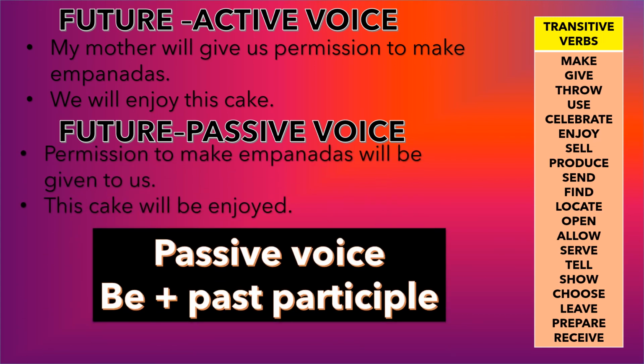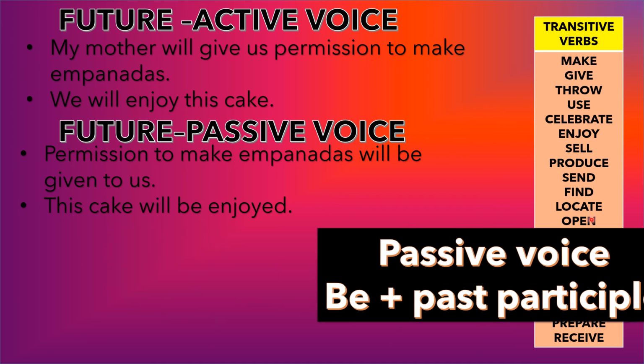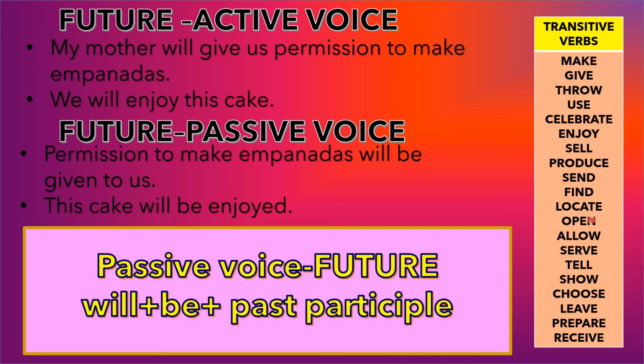So again, when you say passive voice, you remember be and a past participle, but be needs to reflect future. So here we're using a modal, right? So the structure for future passive voice would be will, be, and a past participle of the main verb in active voice.